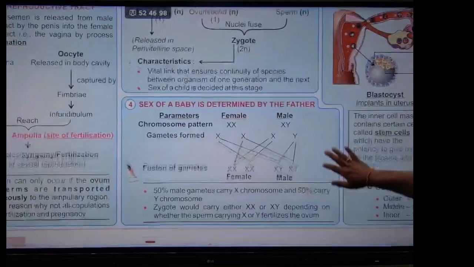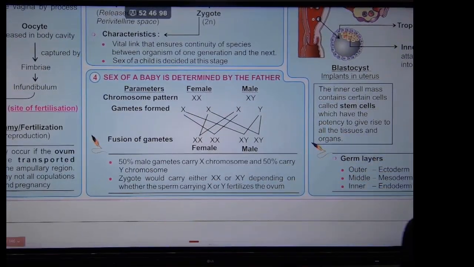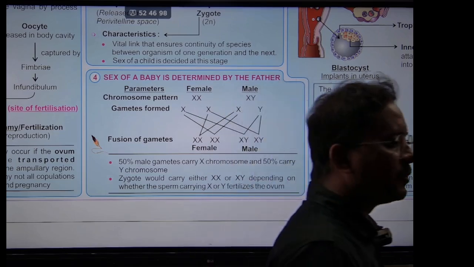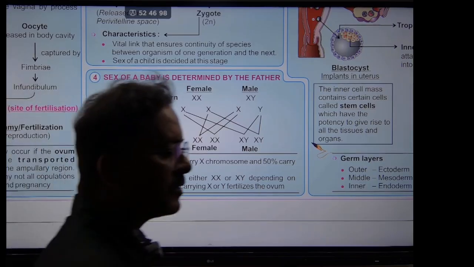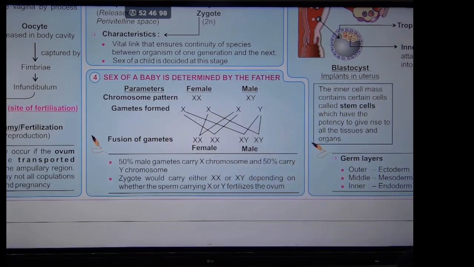Okay. So, I think you know this one, right? The determination of sex in humans, how it is done. There are two types of sperms produced. 50% of sperms carry the X chromosome, 50% carry the Y chromosome, right? So, who determines the gender of the fetus?